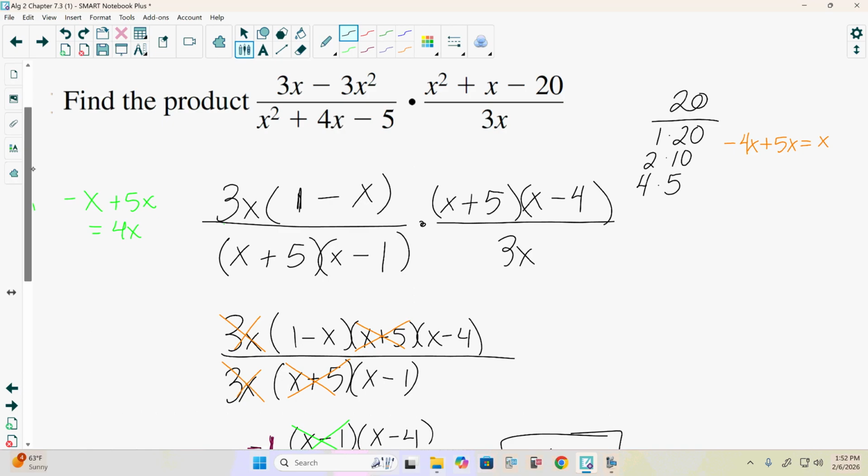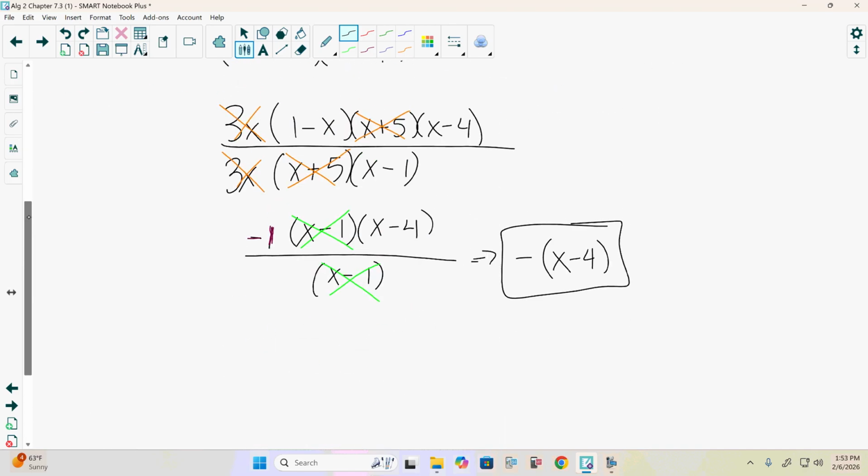Because by factoring out that negative, instead of going from negative 3x squared to negative x, it would have gone from negative 3x squared to positive x. So we already have it fixed, instead of factoring it down and realizing, oh, the 1 minus x and x minus 1 look like they could cancel, so we need to fix the sign. We just do it from the start. Does that make sense? Kind of.